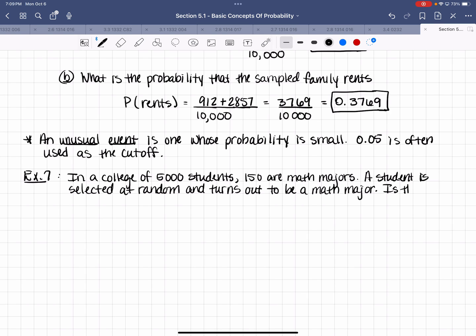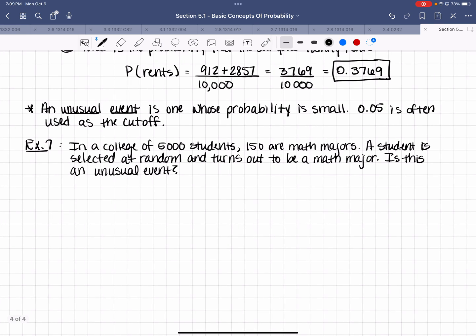Is this an unusual event? Okay? So pretty much what we have to look for is the probability that the student selected is a math major. If that probability is 0.05 or less, then yes, it was an unusual event that the student that was selected was a math major. It's probably because the person that selected him was a math major and somebody construed the statistics. But anyway.